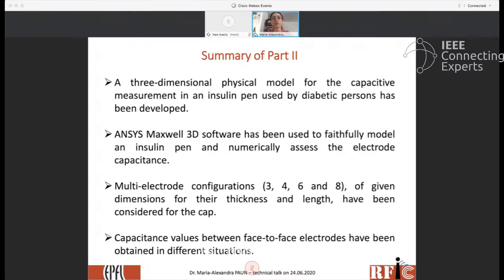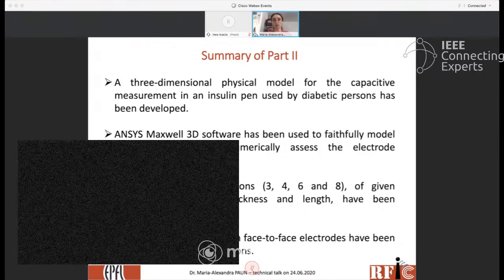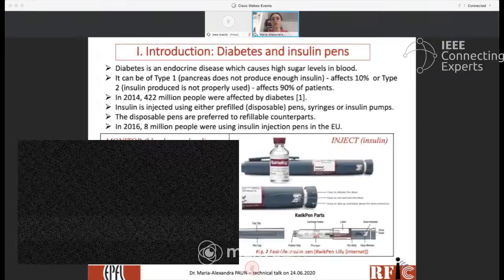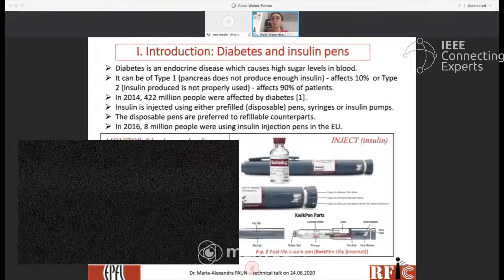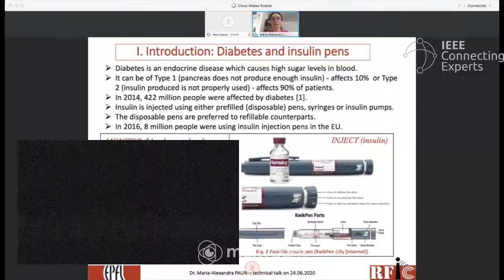And we have also looked into various dimensions for the thickness and length of these electrodes. We have computed the capacitance values for these electrodes in various biasing conditions. So this is just in general. You'll see more specifically later on in the presentation what we have been tasked to do.